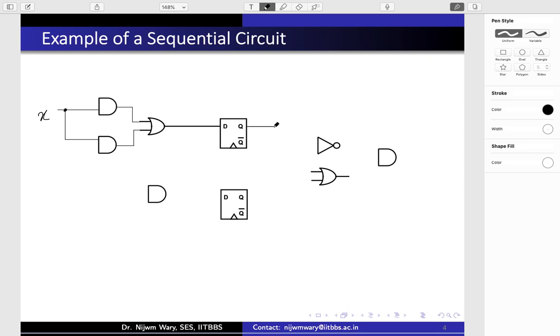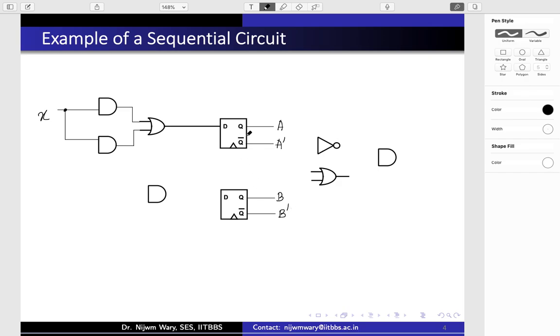It has this output which is A and A complement, and the other output is B and B complement.